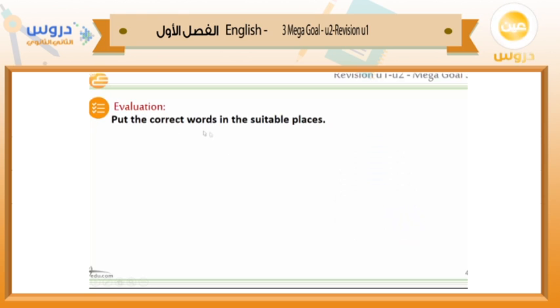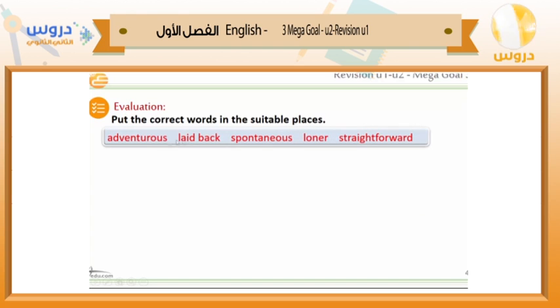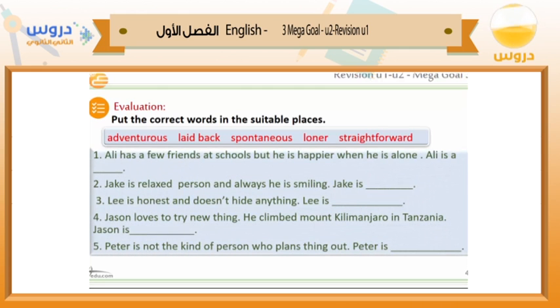Now, put the correct words in the suitable places. We have adventurous, laid back, spontaneous, loner, and straightforward. Here we have the exercise. Number 1. Ali has few friends at school, but he is happier when he is alone.